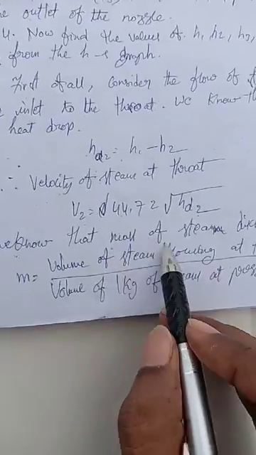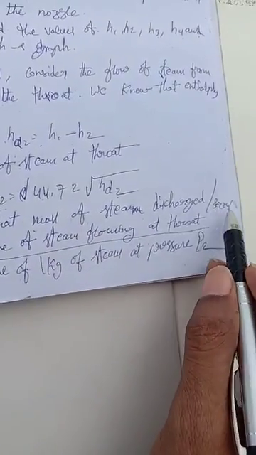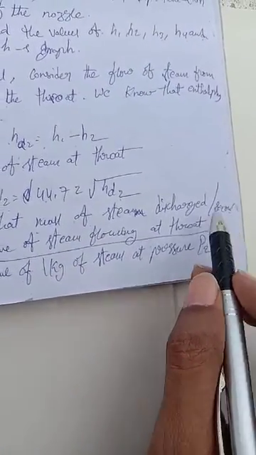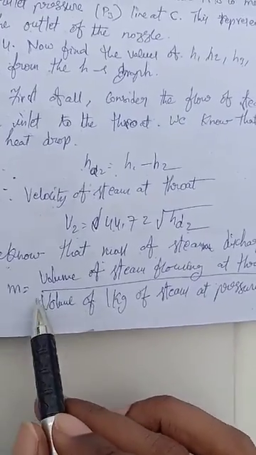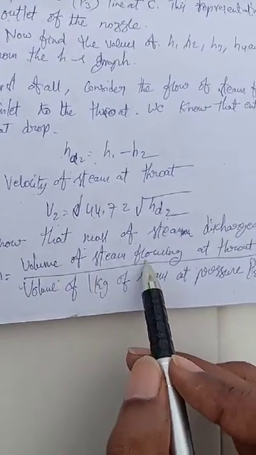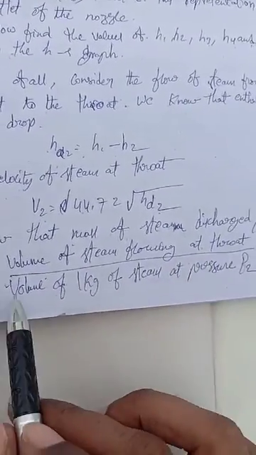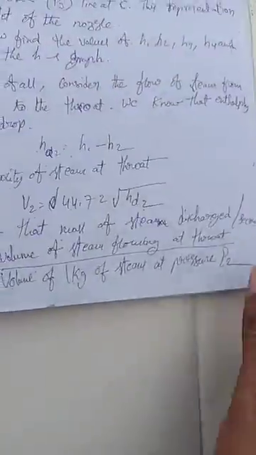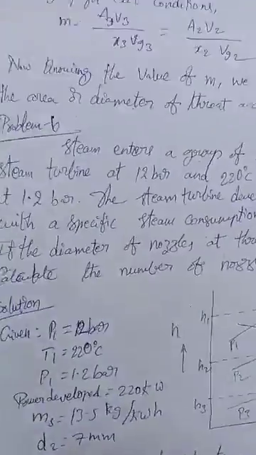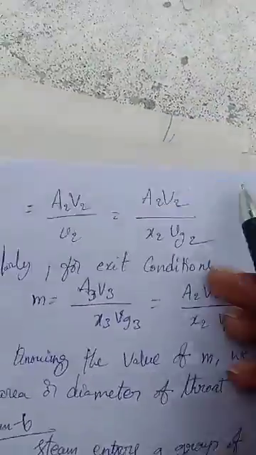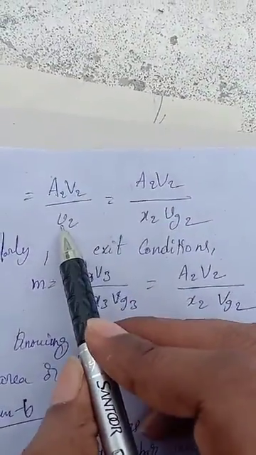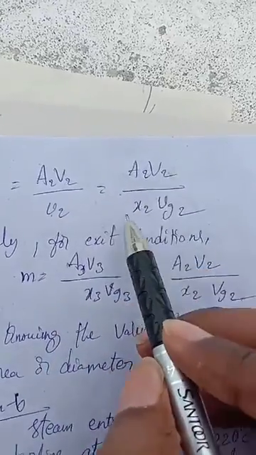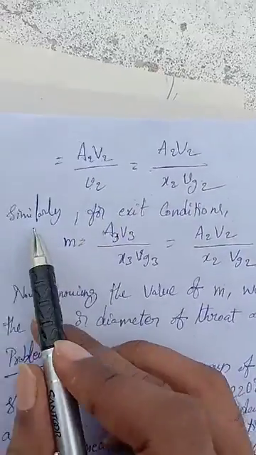You know that mass of steam discharged per second, that is m, is equal to volume of steam flowing at the throat divided by volume of 1 kg of steam at pressure P2. Okay, so to find this, here A2 V2 by V2 is equal to A2 V2 by X2 Vg2.